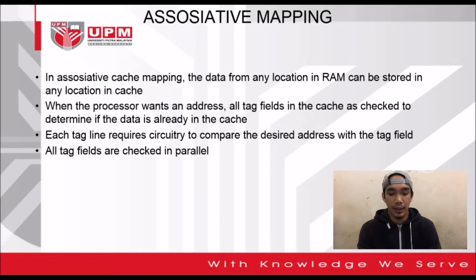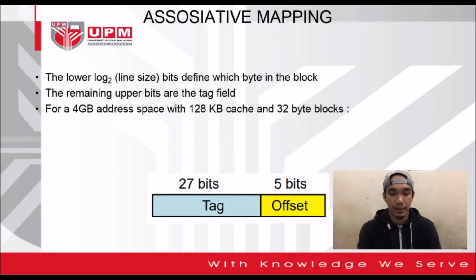The tag uniquely identifies the main memory block. From the figure below, there are 2 parts only, the tag and the offset. The right part is the offset and the remaining one is the tag.